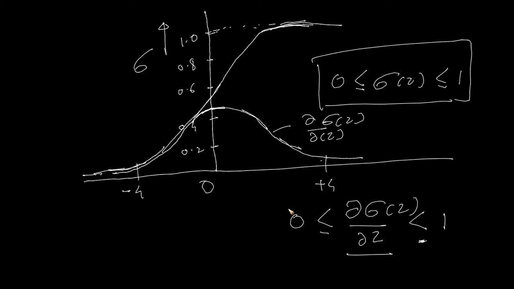The important takeaway from this is that the derivative of sigma is between 0 and 1, and strictly less than 1. That's why I have drawn this curve, because we will need this knowledge when we understand a very important problem with the sigmoid activation function.